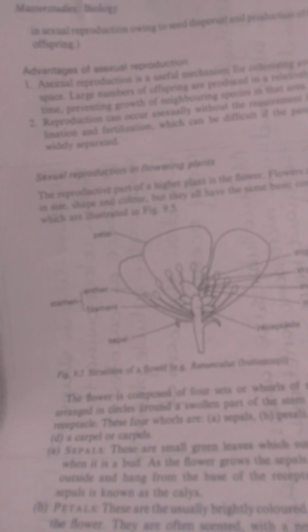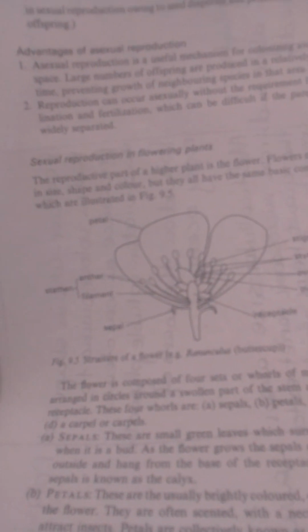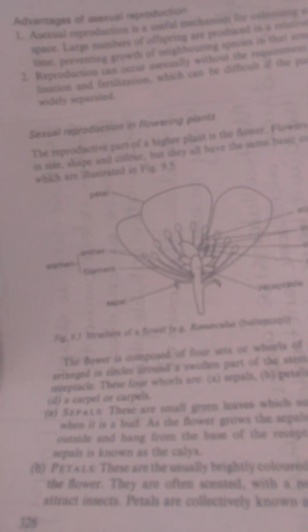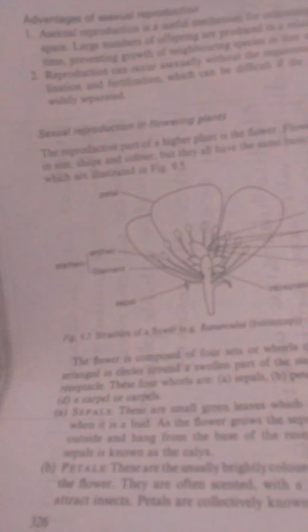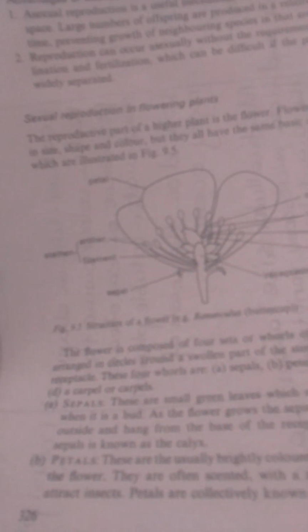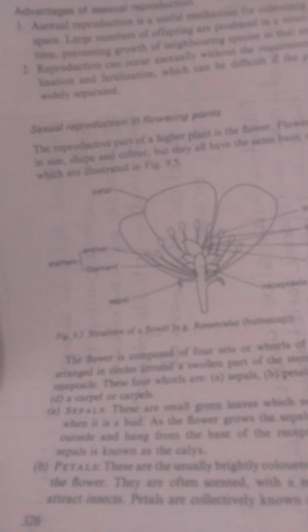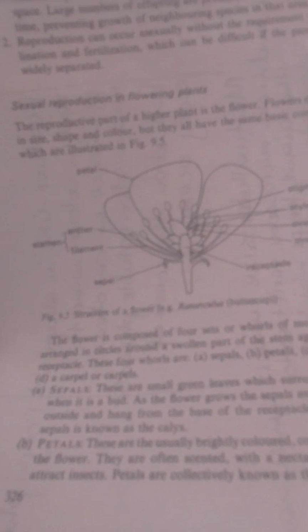Attached to the ovary is a short stalk called the style, which has a swollen, sticky apex called the stigma, where pollen is deposited. The carpels are collectively known as the gynoecium.